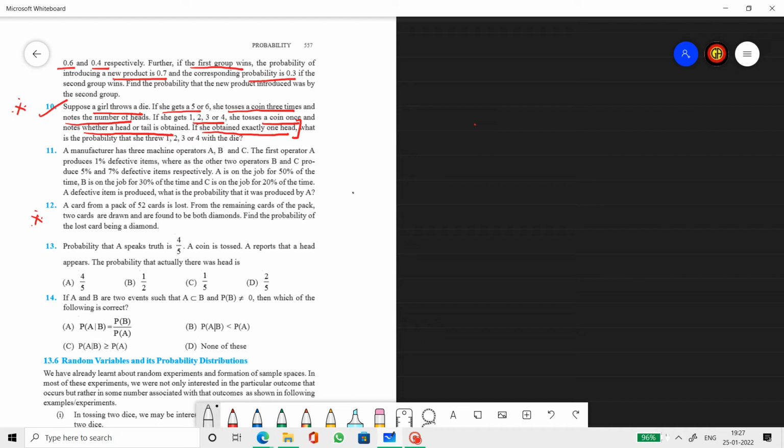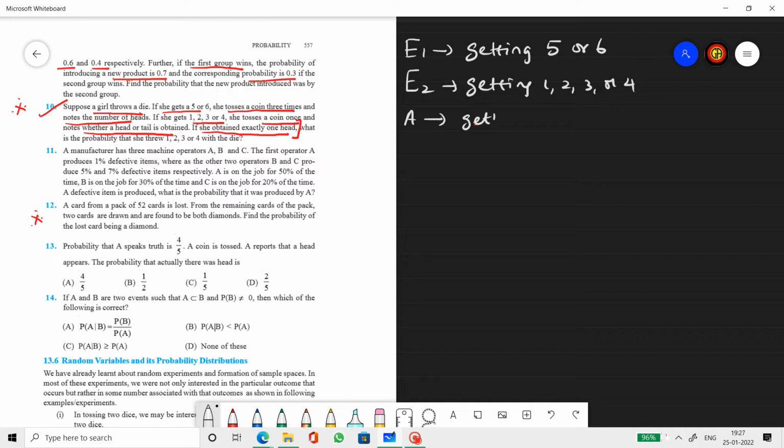So E1 is getting 5 or 6 when she throws a die only one time. And E2 is getting 1, 2, 3 or 4 when she throws the die. And A is getting exactly one head.